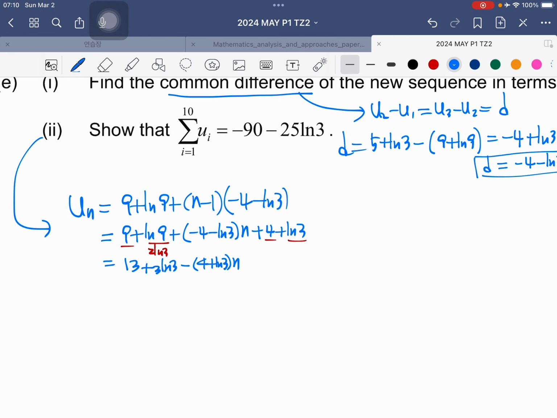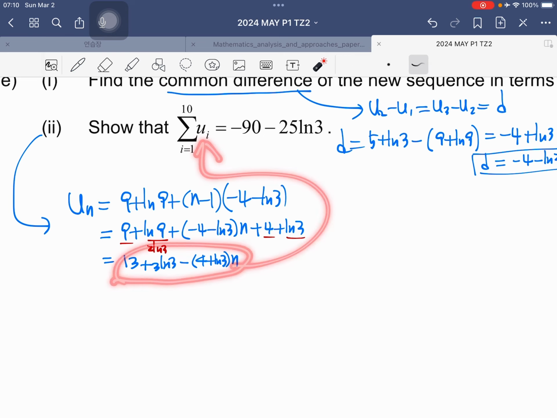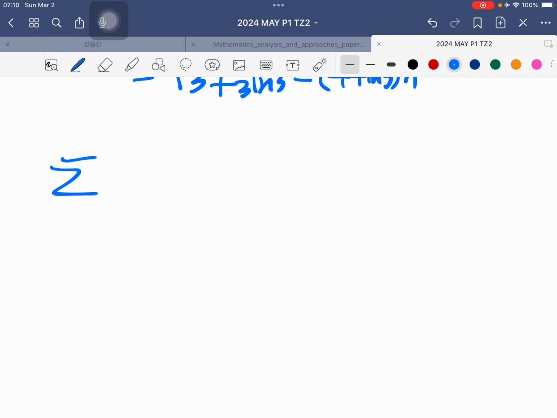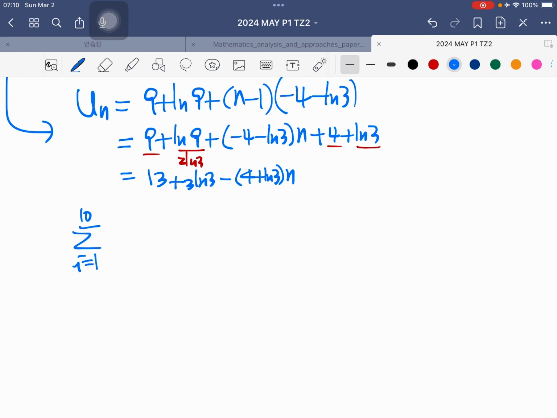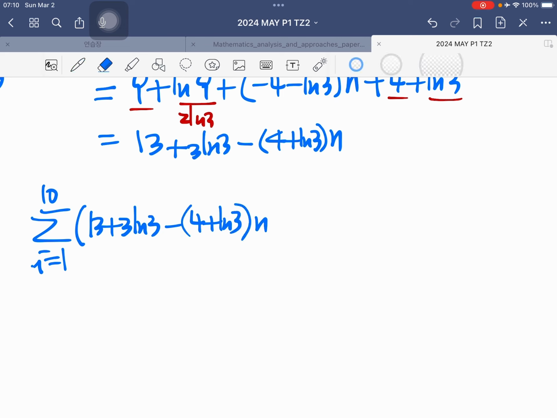So what we can do is enter this general term over here. Sigma, I starts from 1 to 10, of the general term 13 plus 3 ln 3 minus (4 plus ln 3) times n.